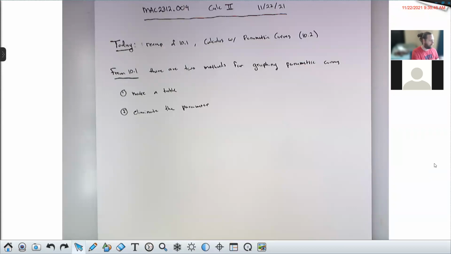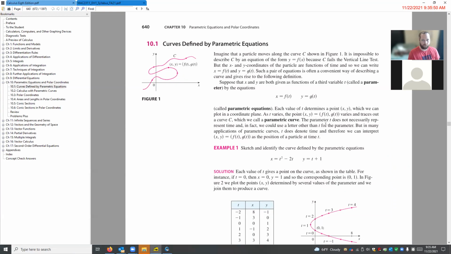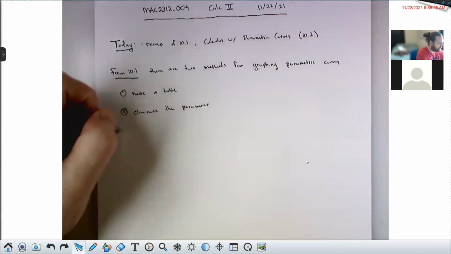All right. So let's take a quick example here where we can sketch some parametric curves. How about t squared minus 2t and t plus 1?